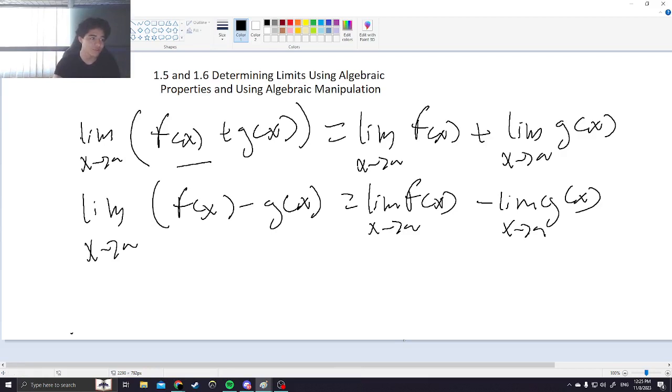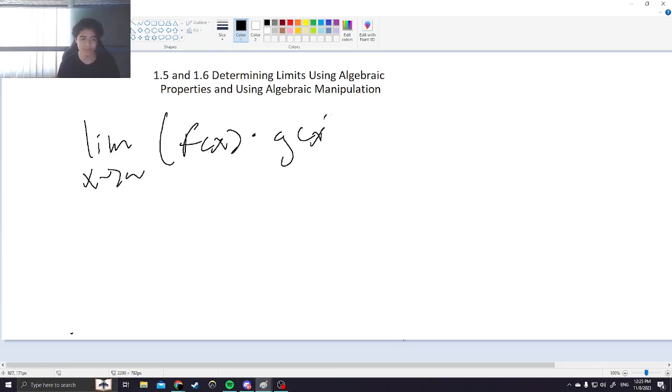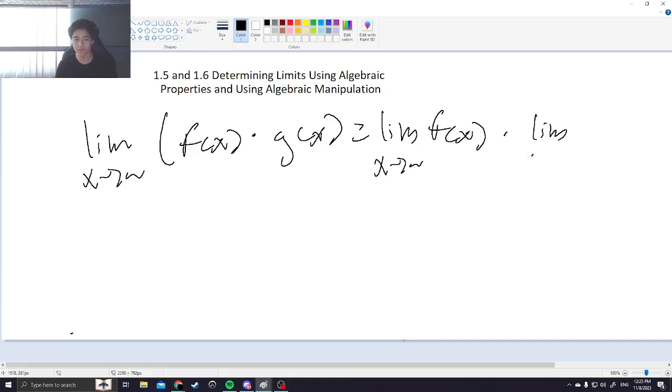The same thing is true for multiplication and division. So if you have limit x approaching a of f of x times g of x, same thing applies. The limit goes to both. You have the limit of f of x times the limit of g of x. And I'm sure y'all get it by now, but I'm gonna write it anyway.